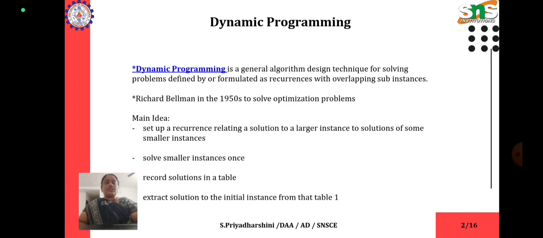So let's see what is the main idea behind dynamic programming. First, you have to set up a recurrence relation relating a solution to a larger instance to solutions of some smaller instances. The next step is to solve each smaller instance once, then record the solutions in a table, and extract the solution to the initial instance from the table.